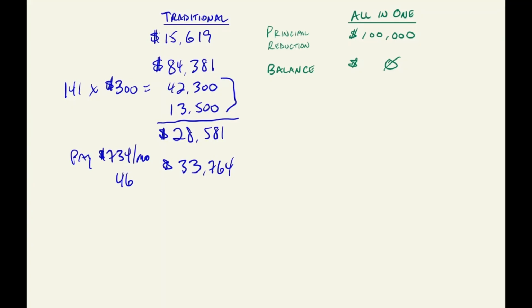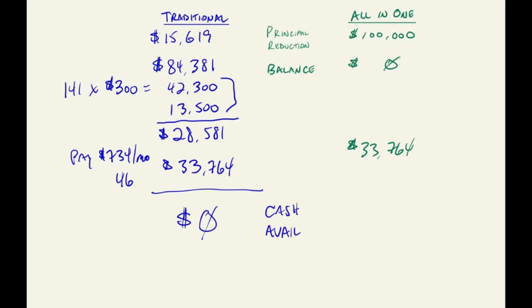Over here on the all-in-one, since you're not needing to make a payment anymore, you get to start saving that amount. So you get to save $33,764. So now at the end of that 46-month period of time, you're down to zero left over in your mortgage balance, but you have zero cash available.